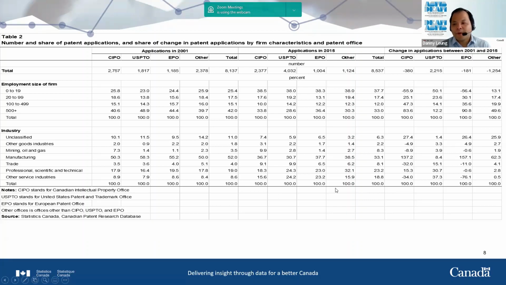And when you look at the last set of columns, and see which industries were responsible for the change in the number of applications, it's the bottom two, the professional, scientific, and technical, and other service industries that were disproportionately responsible for that increase in the USPTO. And in the declines, it's very similar. Most of the declines are due to large firms when you look at the other patent offices, right?